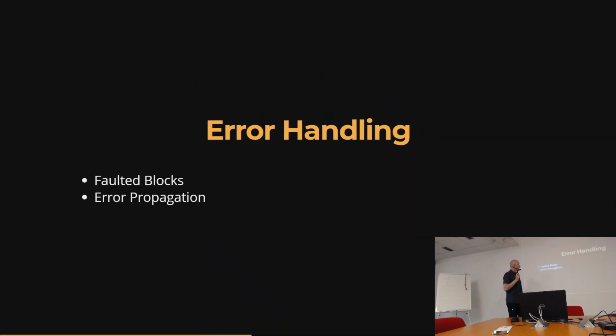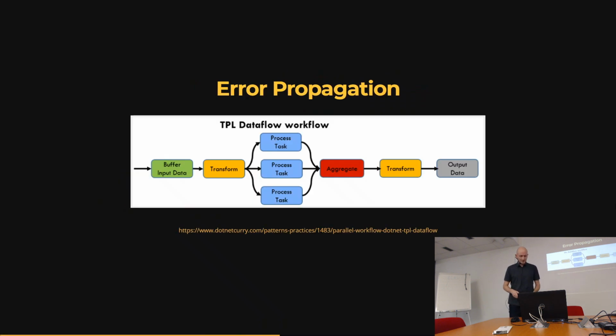Now, like I said, if there's an exception during processing, the block will also be completed. It will stop processing any messages, and it will be faulted. This might lead to some problems if we have a longer pipeline and one of the blocks actually fails.